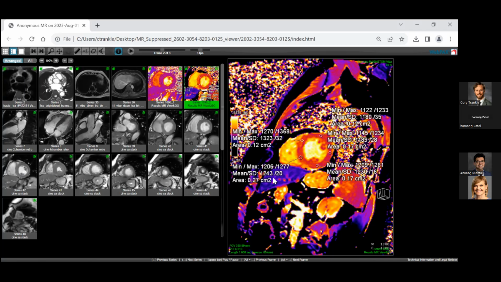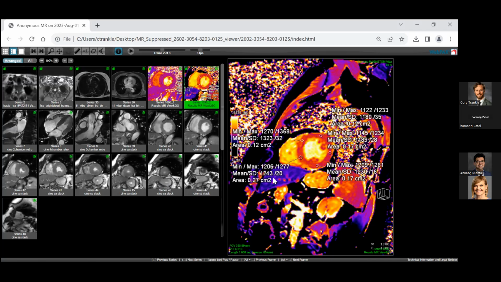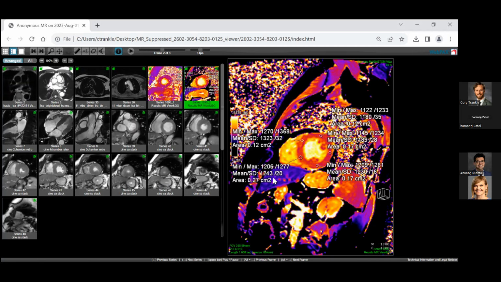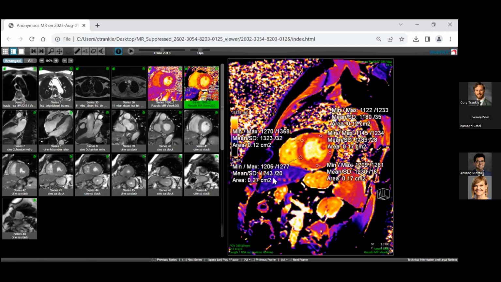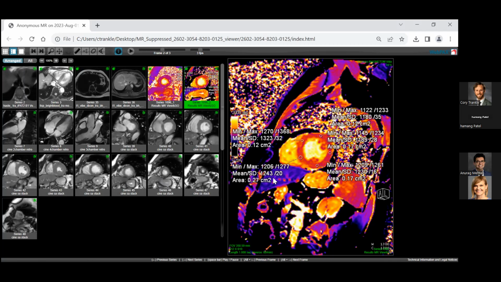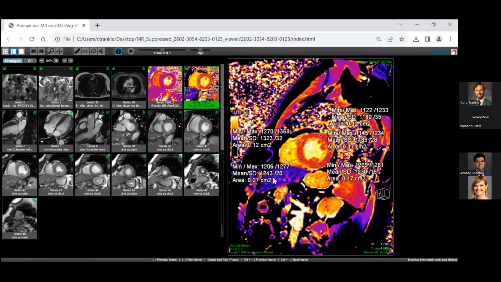Once we get to age 70, that shifts. We get older and the percentages change, and we're down to about 73% myocytes and 27 to 28% other stuff in the interstitial space.